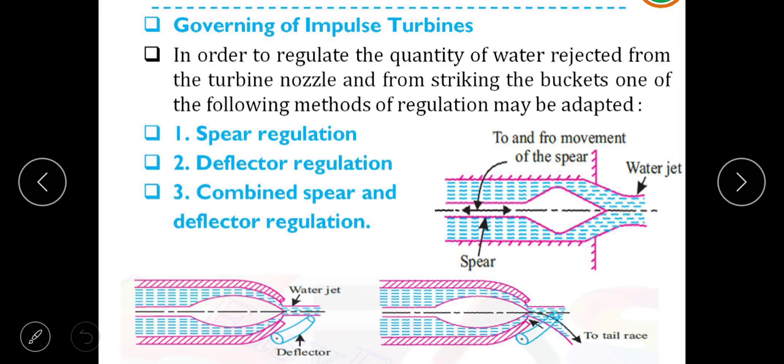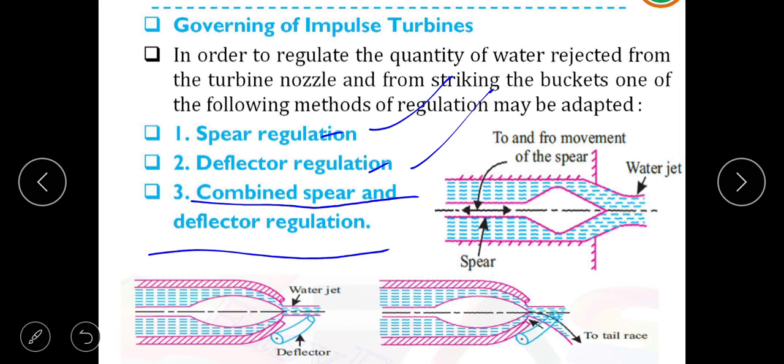In case of Pelton wheel, the jet of water is controlled by using a spear. In a Pelton wheel, the quantity of water rejected from the turbine nozzle and striking the buckets is regulated. One of the following methods may be adopted: spear regulation, deflector regulation, or combined spear and deflector regulation.